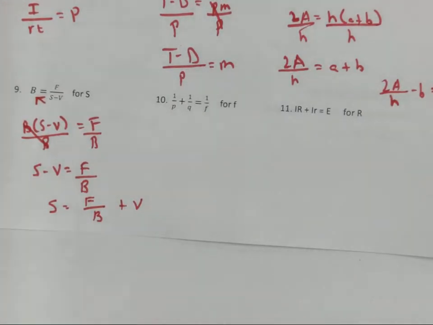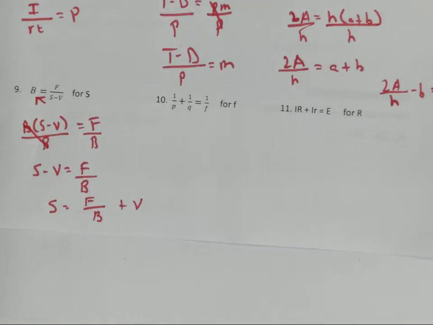How about number 10? I'm going to tell you, that is one that got me when I was in this class many years ago. It's fractions. So when you see a fraction, you work to get what? Rid of it. So I look at my denominators, P, Q, and F. What's my common denominator?